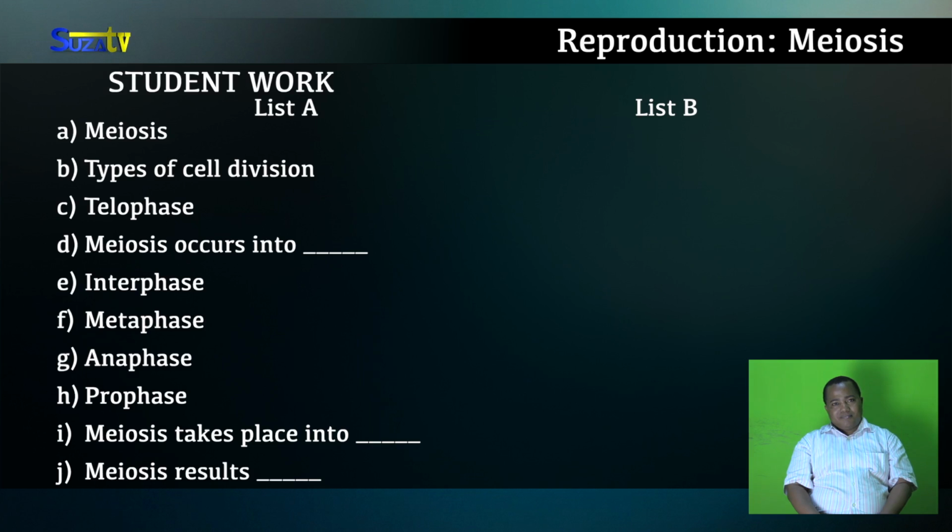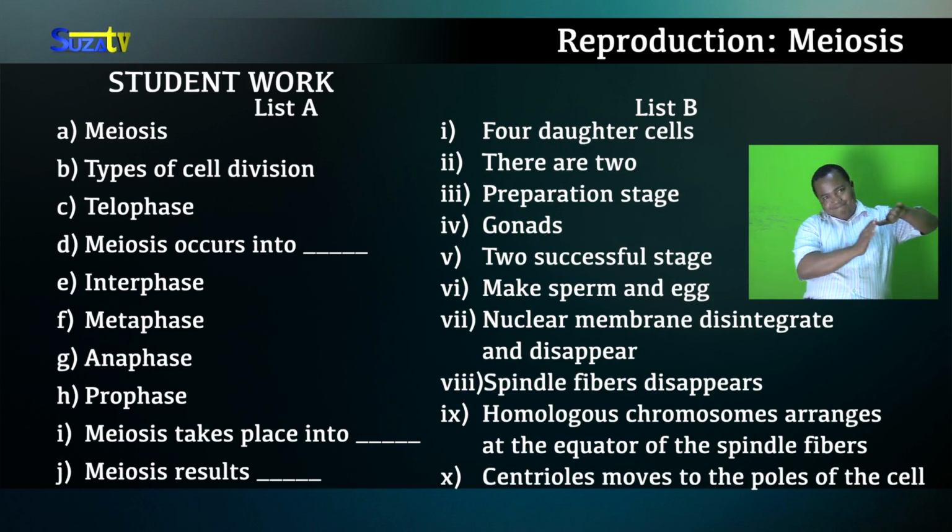So now let's look at the list B items. Number 1, 4 daughter cells. Number 2, there are 2. Number 3, preparation stage. Number 4, gonads.